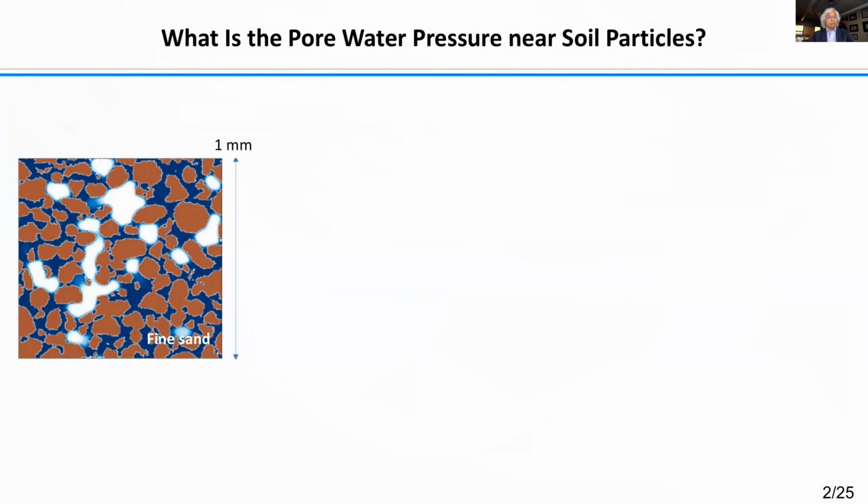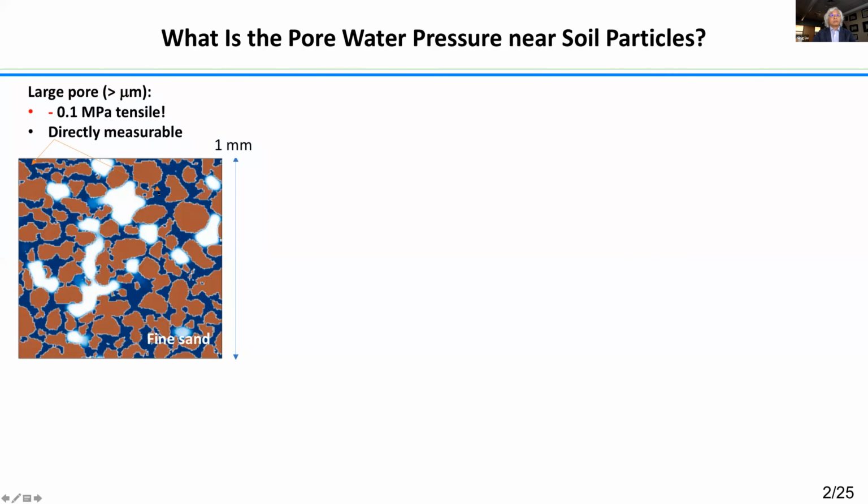So let's look at soils. Here is a microscopy image of a fine sand. You see that in this situation, we have three phases: liquid water, vapor, and solid. So under such a condition, we ask ourselves, what will be the pressure in the pores? That depends on where you look.